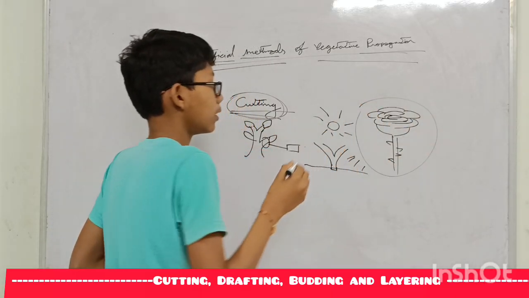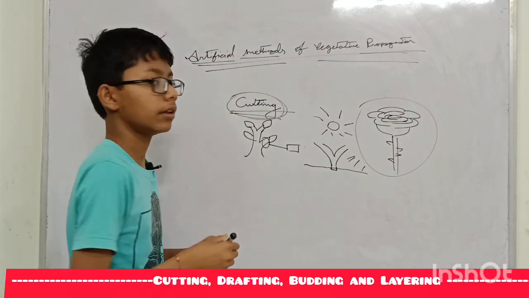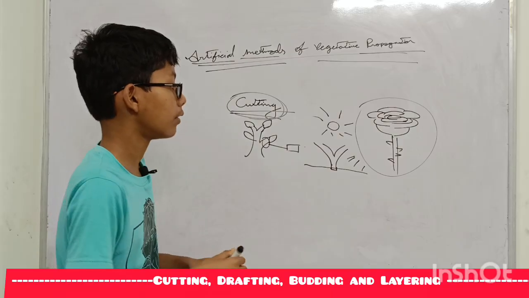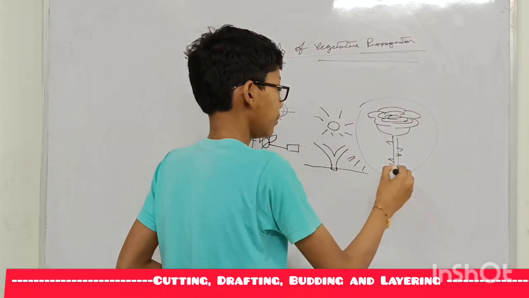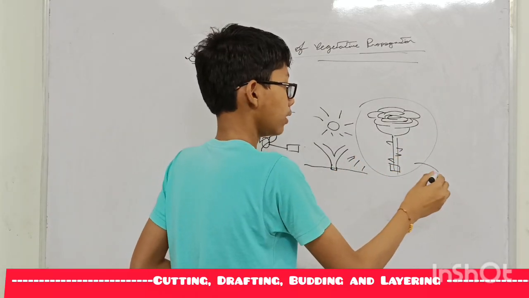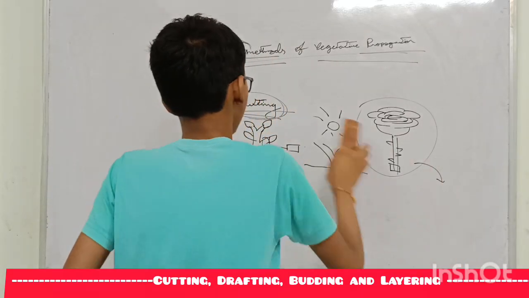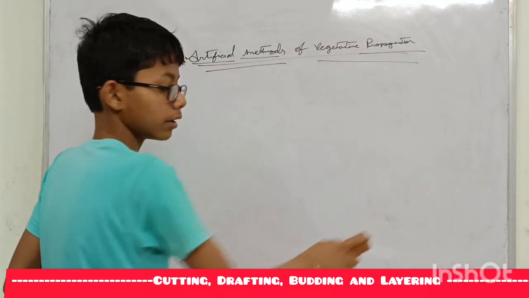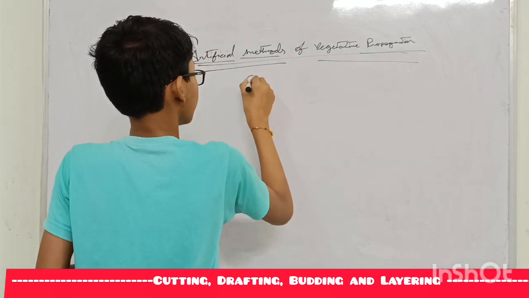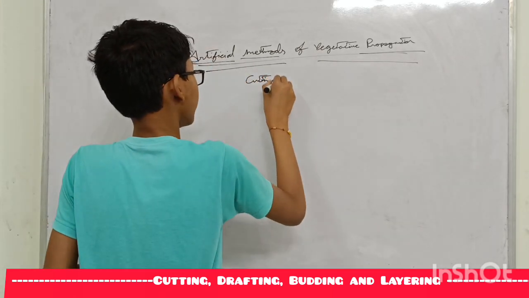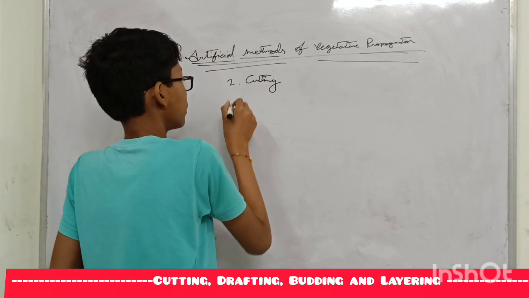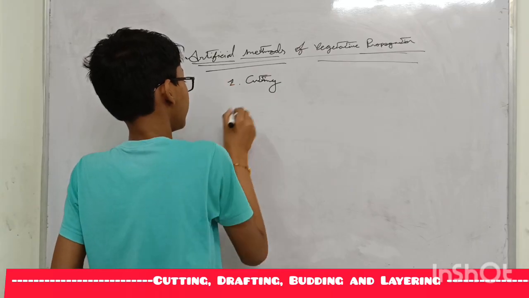Rose is a common plant which is used in cutting. Cut a small portion of the stem and then plant it into the ground, and it will create another rose. Pretty simple. So that is cutting.